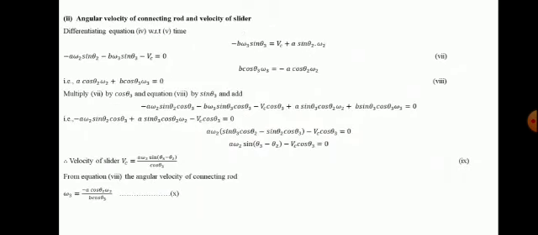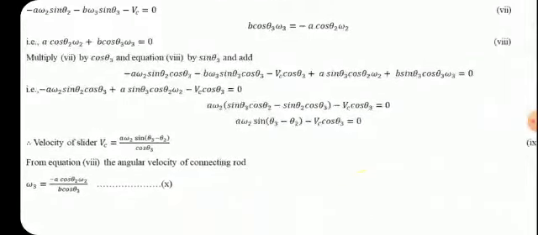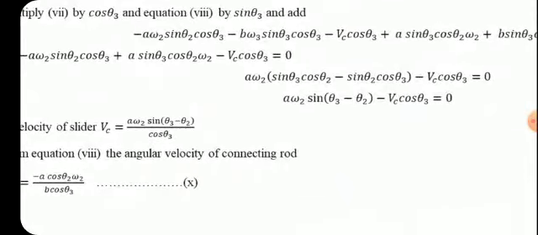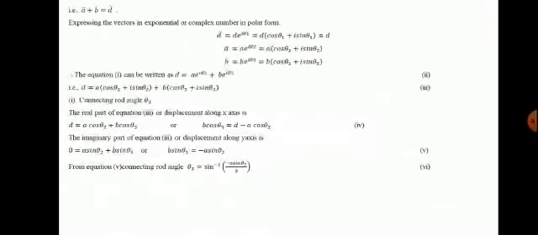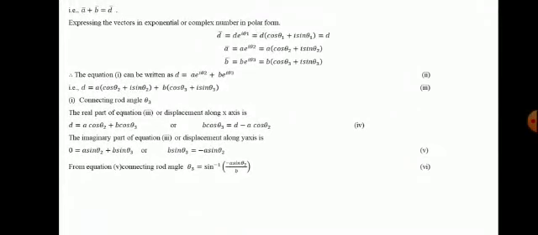Velocity vc is equal to minus a omega 2 sin theta 3 minus cos theta 3. From the equation 8, the angular velocity of the connecting rod omega 3 can be given by minus a cos theta 2 omega 2 divided by b cos theta 3.